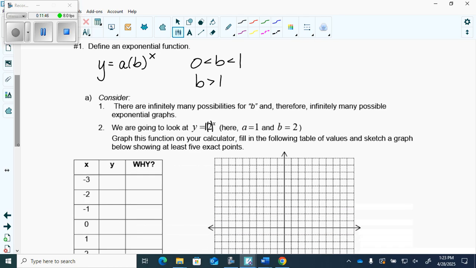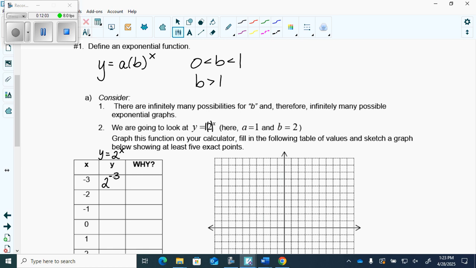So if we have y equals 2 to the x, then these are our x's. We're just going to plug them in. So our y is going to be 2 to the negative 3. Right? Input tables, output tables.